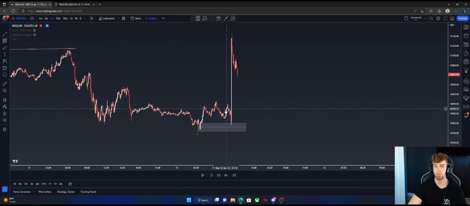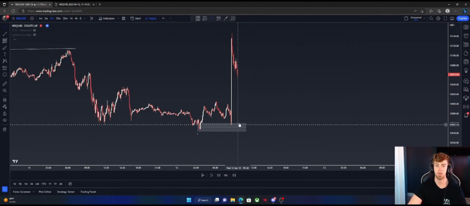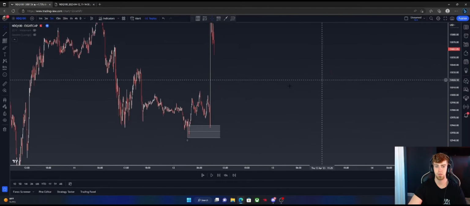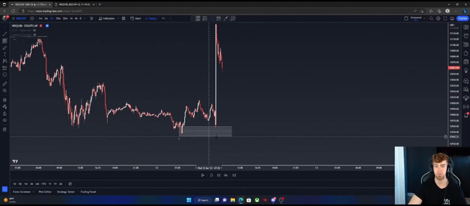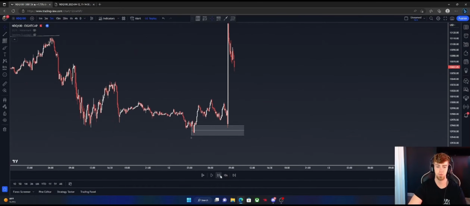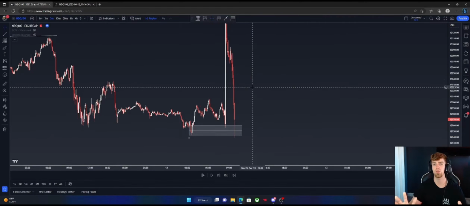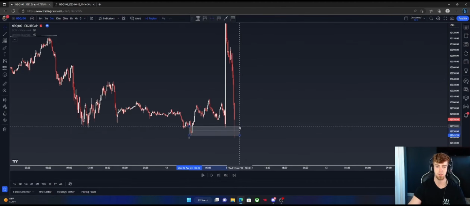All of these orders within this area, there's a ton of buyers, right? Ton of buyers, ton of imbalance. And not only that, but we also have equal lows sitting right below. So we don't want to take that zone. We want this zone to be broken first before we look for anything. So I did not take any trade within this area because there's no clear price action. Look for clear price action always.